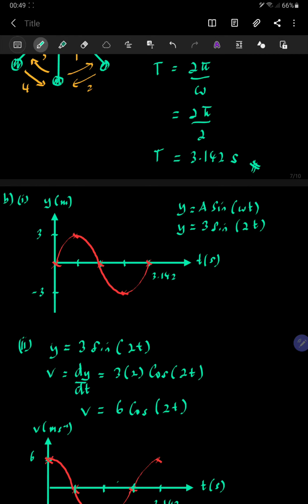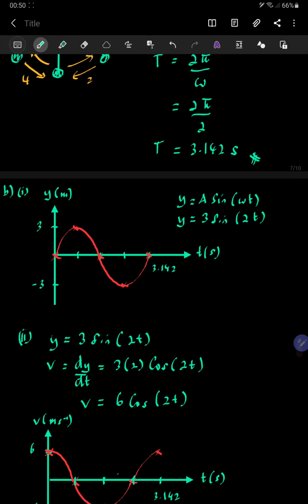So the graph is purely sine. Purely sine should start from 0, reach the amplitude, turn back to 0, reach the negative amplitude, then turn back to its original position, which is equilibrium, isn't it? So this is a purely sine graph, and the amplitude is 3. The time taken for one complete oscillation is 3.142 seconds.